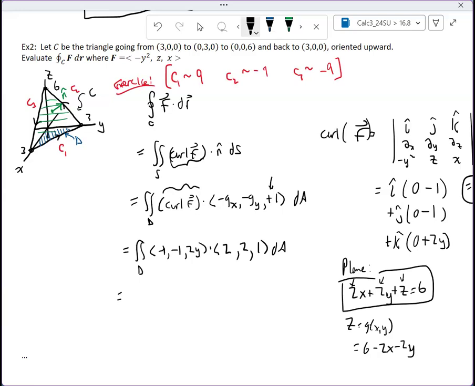Okay, so if I do this dot product, I get -2 plus 2y. So I think I get 2y minus 4. And then what does my region of integration look like?